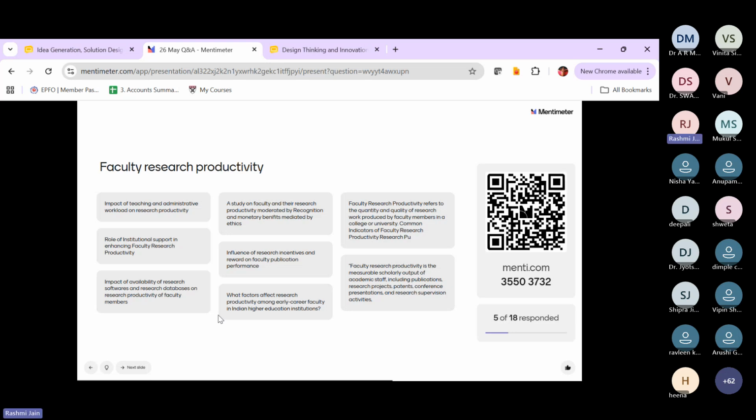I was thinking of one question: what factors prevent faculty research from translating into patents and industry applications? I was thinking about why faculty research just stays within the boundaries of research papers. What are those factors which prevent the research from translating into patents and industry applications?